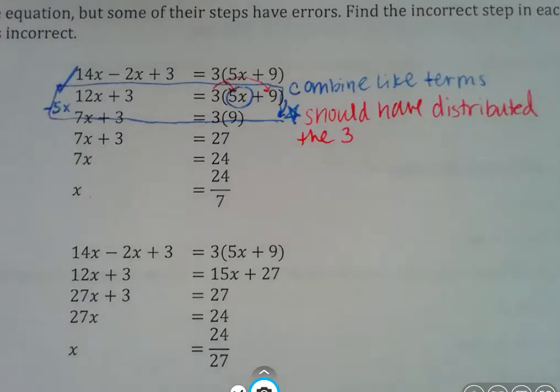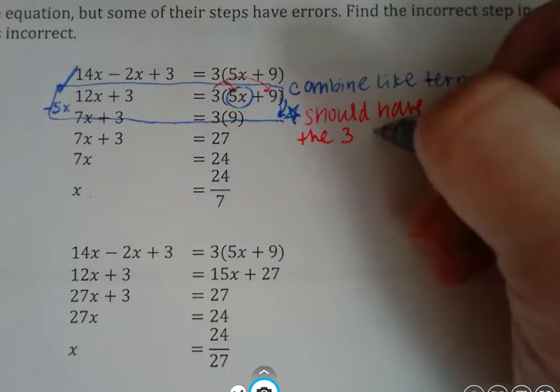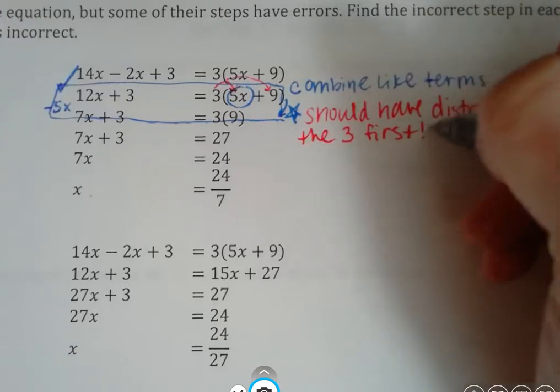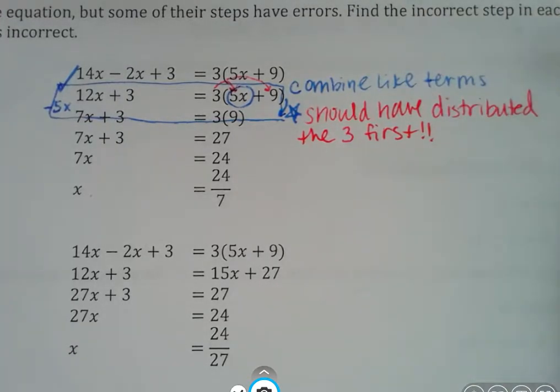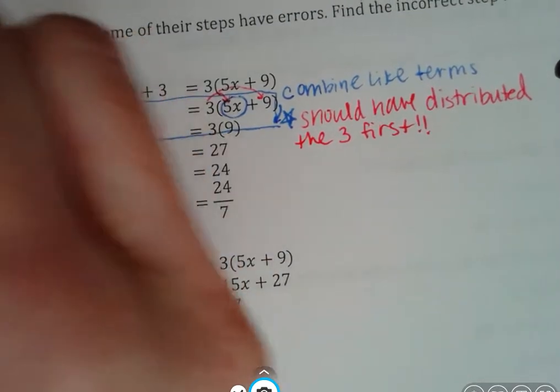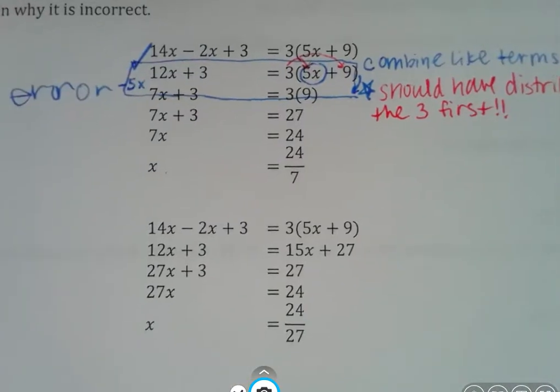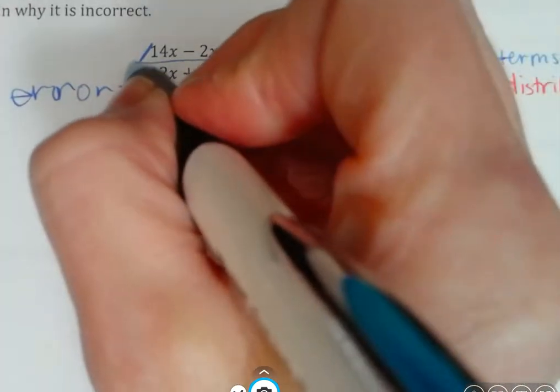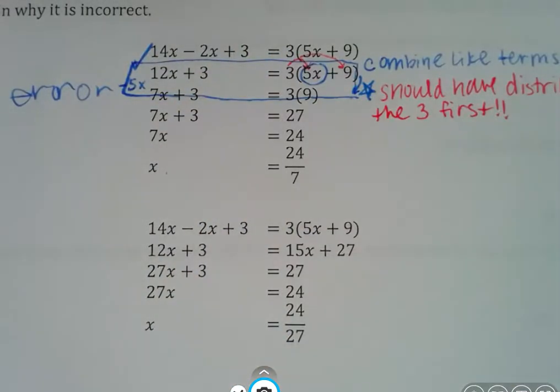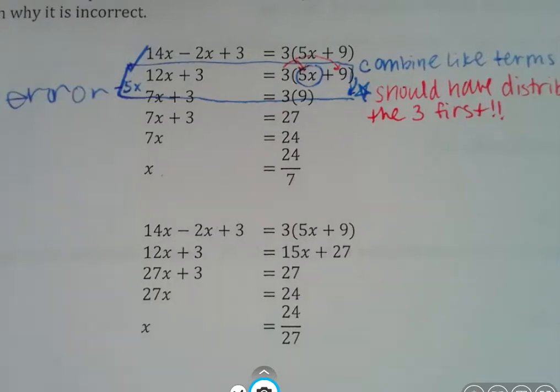She actually removed 15x and didn't even realize it. There is your error. So I want you to make a note here. Make a note of the error and put a box around it. That's a problem.